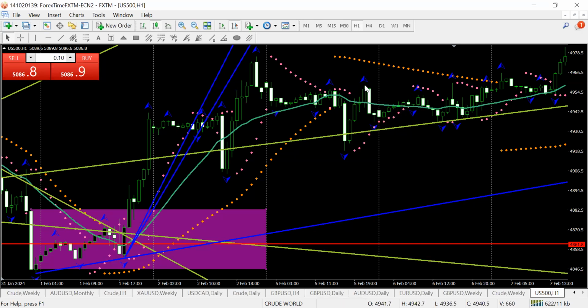Because engulfing and confirmation are supposed to hit the pizza resistance. But now at this engulfing and the confirmation, there's no pizza resistance. So what does this tell us?